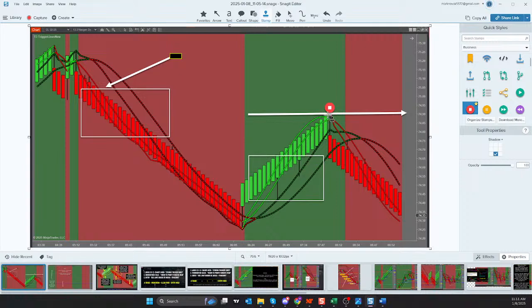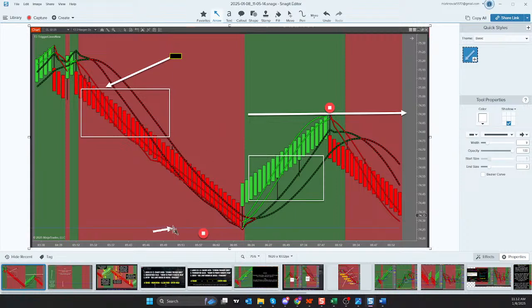So if price reaches a line and the triggers stay below it, don't trade into that line. And if price is trending down and it reaches a line and the triggers stay above it, don't trade into that line. Even with momentum, that's only rule number one.